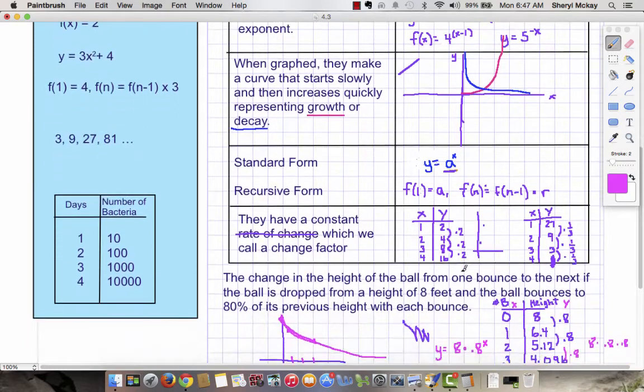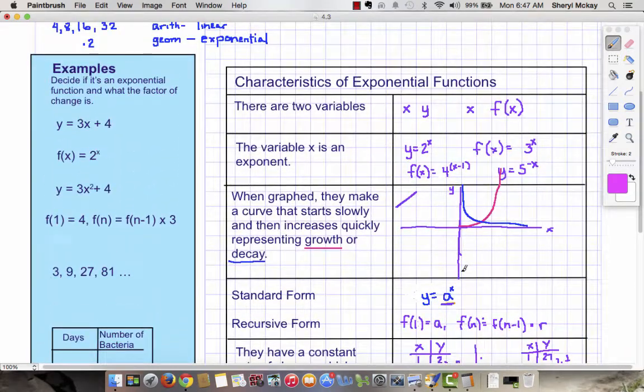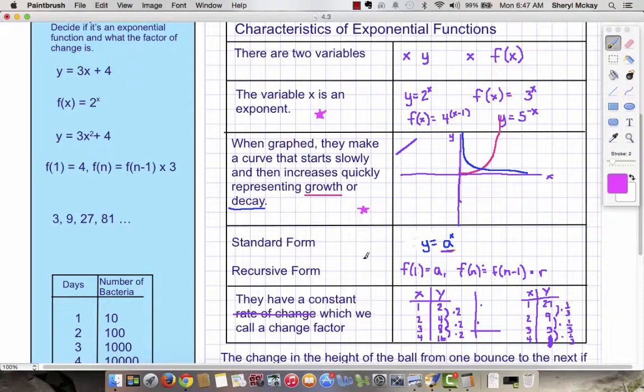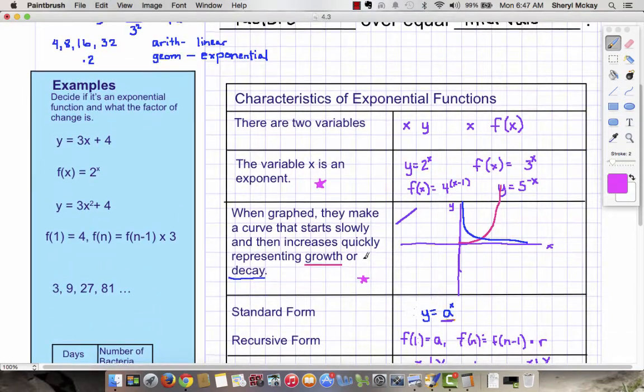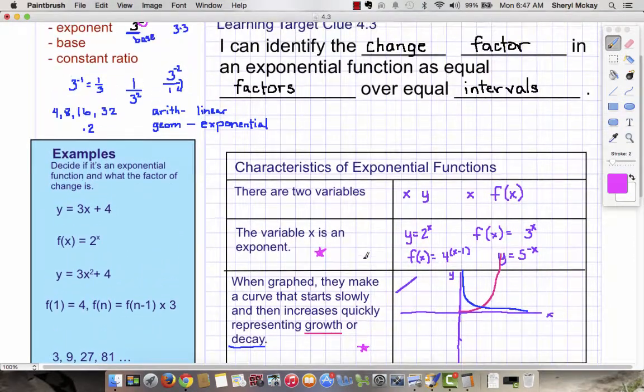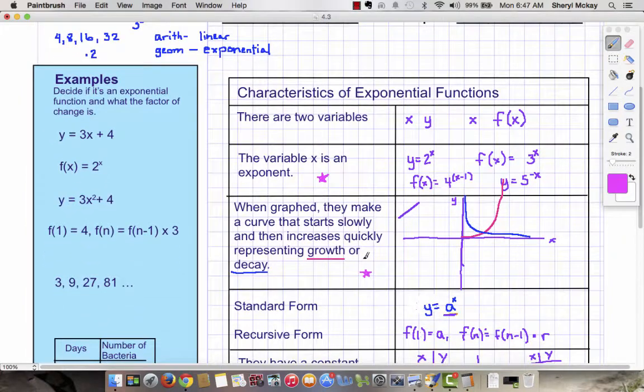And the key for you to probably remember the most is that the variable x is the exponent and what the graphs look like. All right, those are two really important things. So now let's go ahead and do some examples. Take a look over here at y equals 3x plus 4 and tell me, is this an exponential function? And if it is, what is the factor of change?